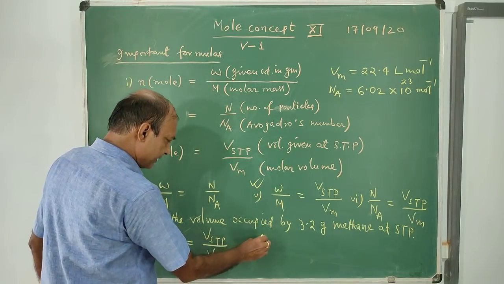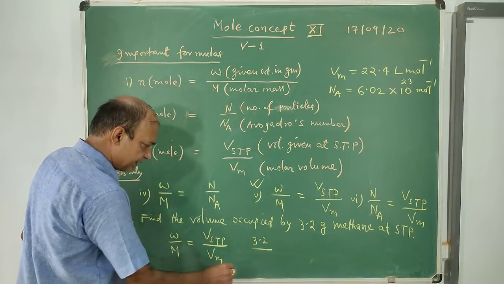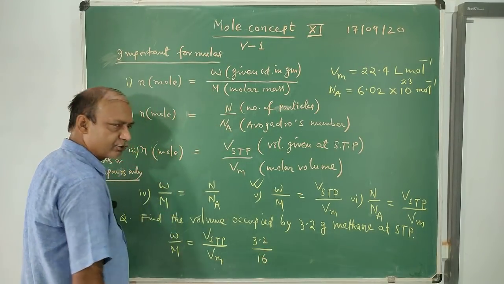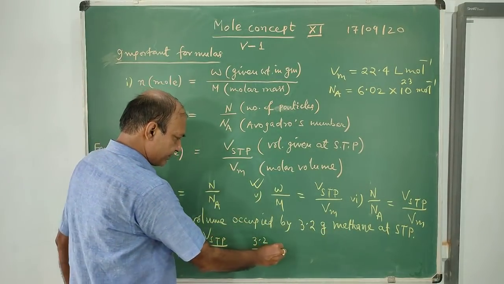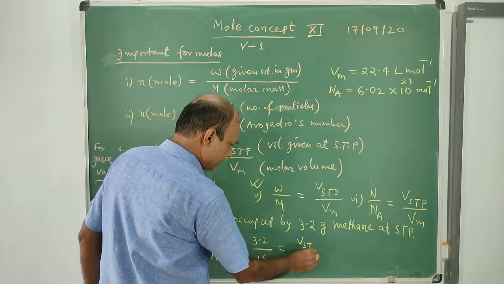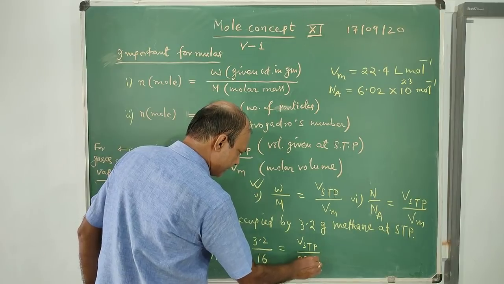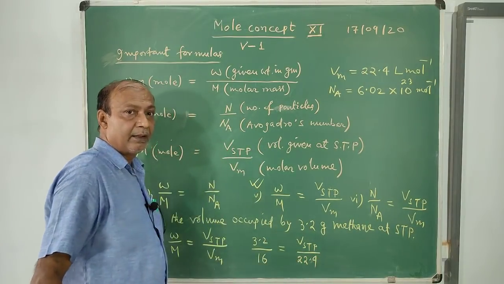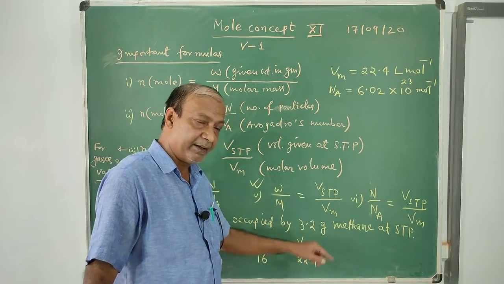Given weight of methane is 3.2, molar mass of methane is 16. This is equal to volume at STP, which you have to find, by molar volume 22.4 liter. So you will get the answer in liter.